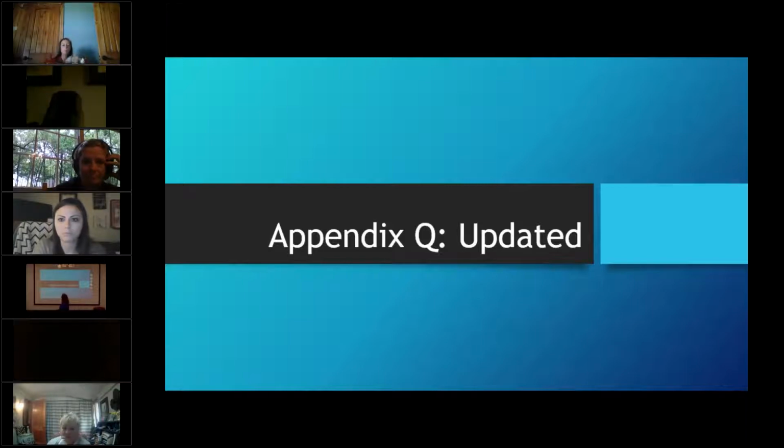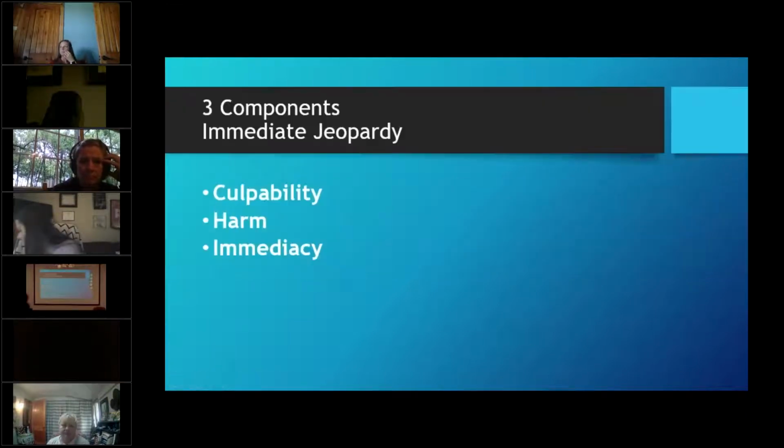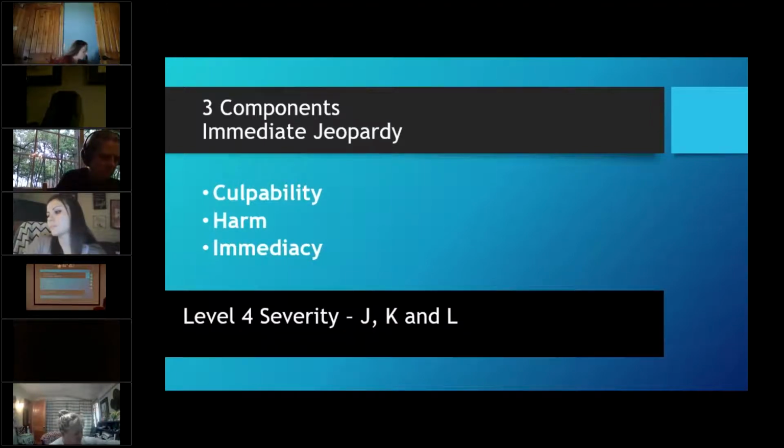Okay, there are 3 components of immediate jeopardy: culpability, harm, and immediacy. Immediate jeopardy is cited at level 4 severity. So this would be J, K, or L on the scope and severity grid.